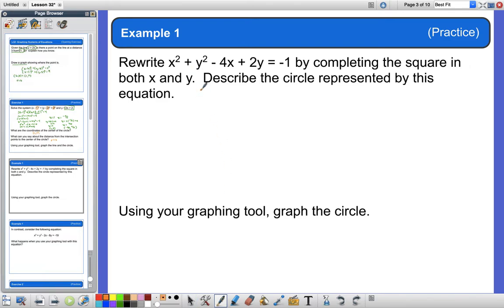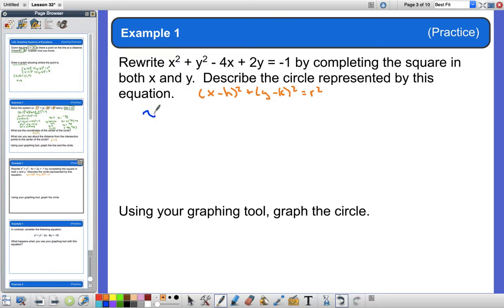And so we want to be able to write x minus h squared plus y minus k squared equals r squared.